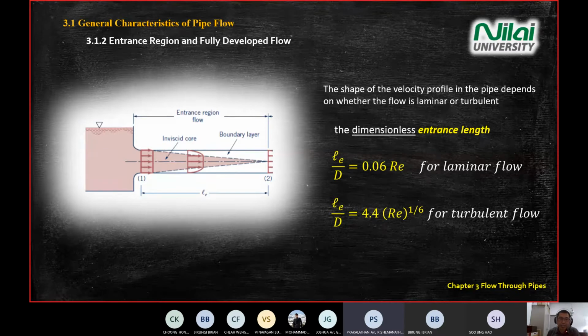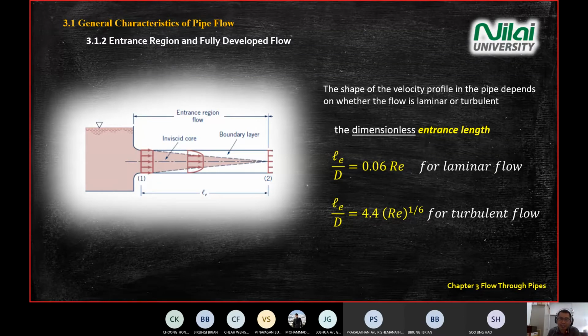For transition, again, transition is a very complex case to analyze because it happens very fast. It happens from laminar to turbulent very fast. So usually for this chapter, we do not look at transition flow, because there's no meaning in application.